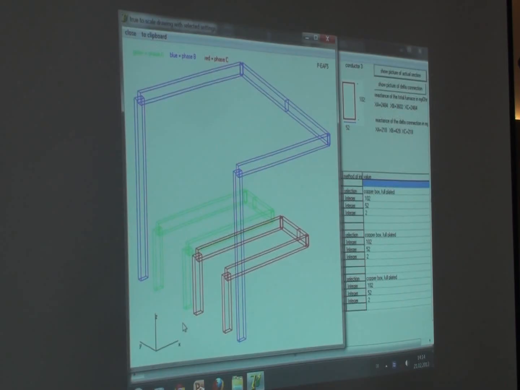You cannot see that, and there's also the reactive power, the same, but the apparent power is different, and the total appearance of the system is also different. But you cannot see this because in the furnace there's symmetry.